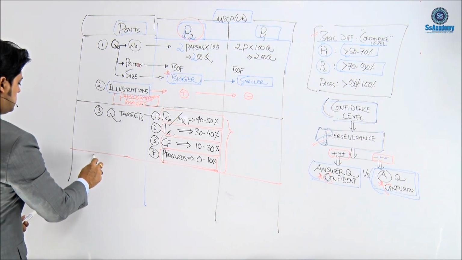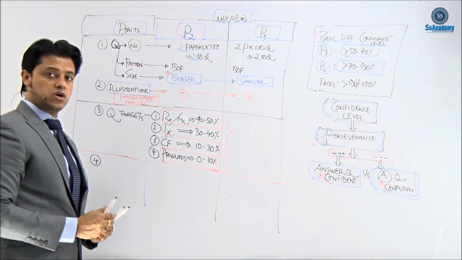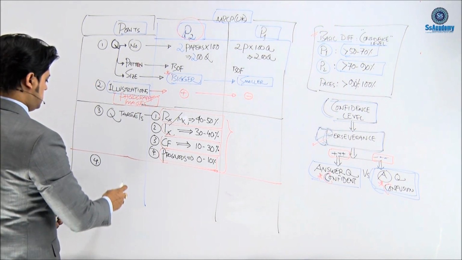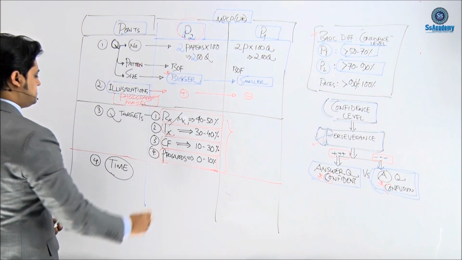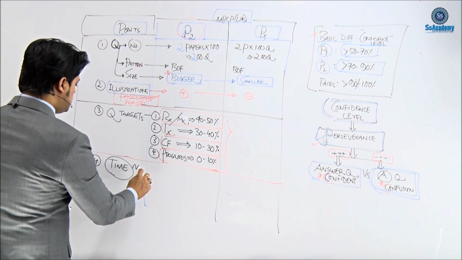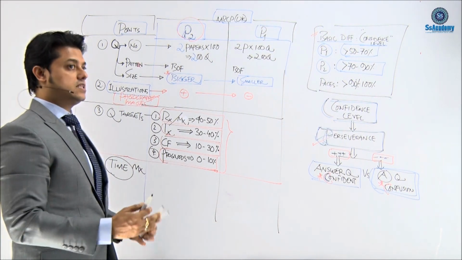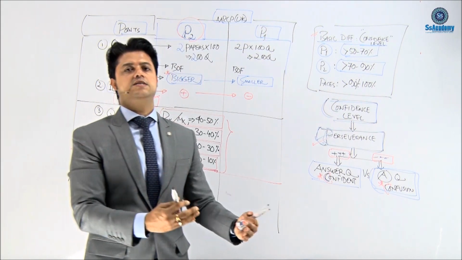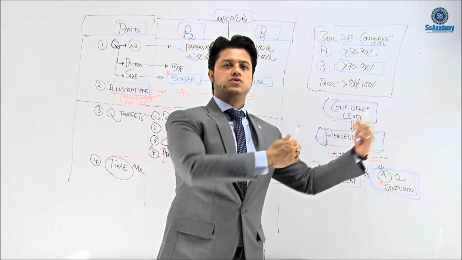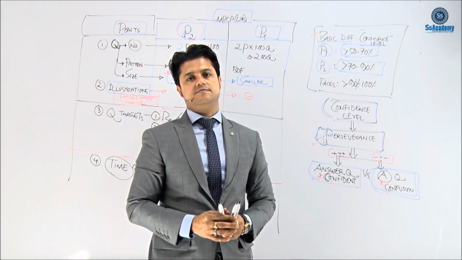Number 4, one of the most important talks, my dear, this is very important: time management. It is said that 70 to 90% of candidates fail to manage their time in their exams.